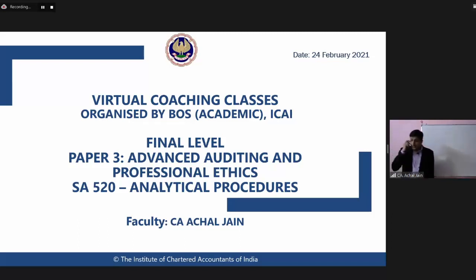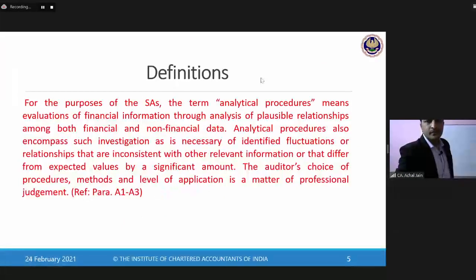So let's try to understand the meaning of analytical procedures. So we can get on to the definition of analytical procedures. Let's read. Analytical procedures mean evaluation of financial information through analysis of plausible relationships among both financial and non-financial data.